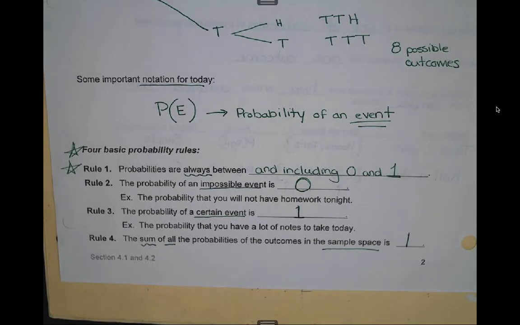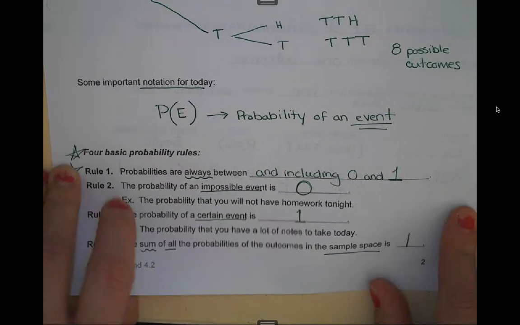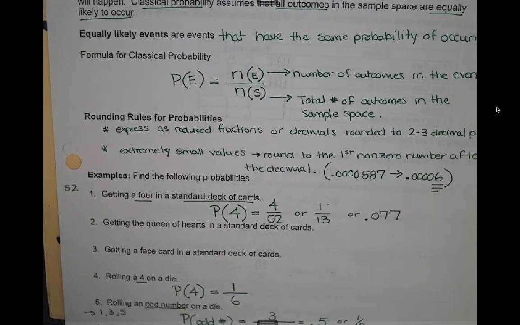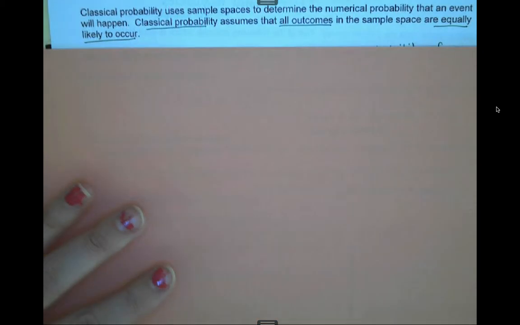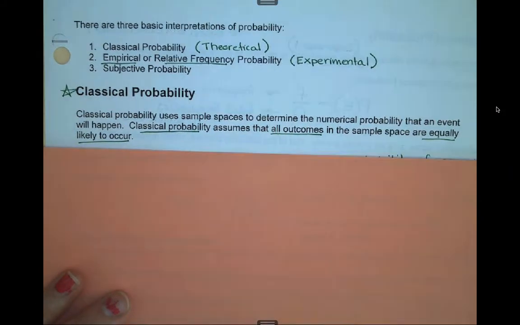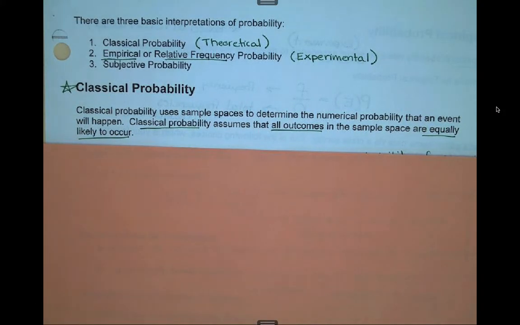So with that, we're going to turn and we're going to talk about a type of probability called classical probability. So again, I'm going to use something that's filled in, and we'll kind of go little by little. But one of the main things about this first lesson is what we say is the approaches to probability.